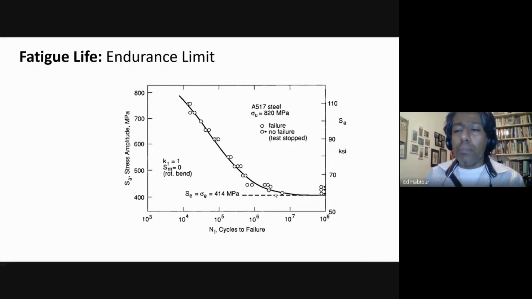You'll see in textbooks that as long as you're below this loading condition, you will never fatigue. Well, that's true if you have a pristine sample, well polished, without any defects or manufacturing issues, machined perfectly, and that's almost impossible in manufacturing. So I would be very, very careful when you use the endurance limit.